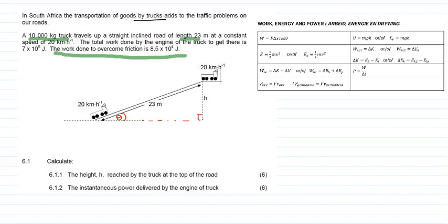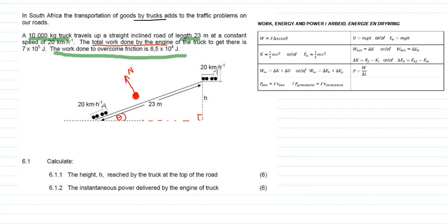when they say the total work done by the engine, what do they mean? If we're looking at the free body diagram for this truck, what are we going to have here?